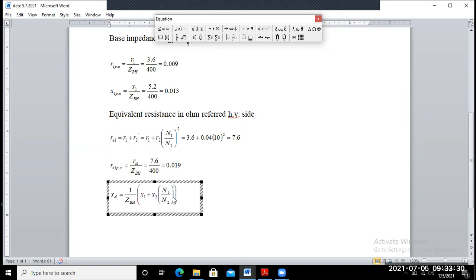So just put the values of X1, X2 and N1 by N2 and you will get the value of Xe1 in per unit.